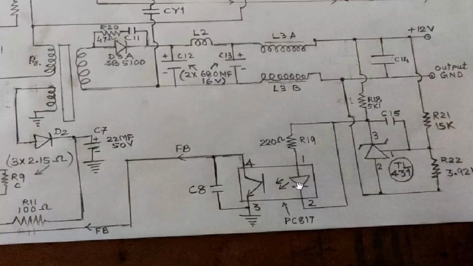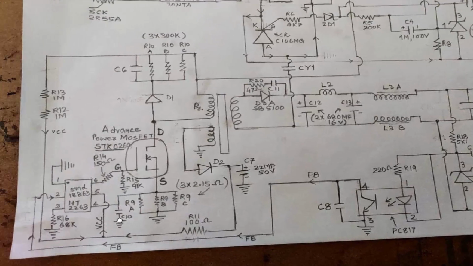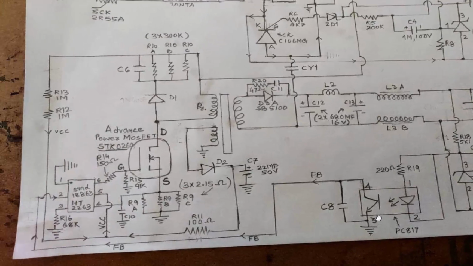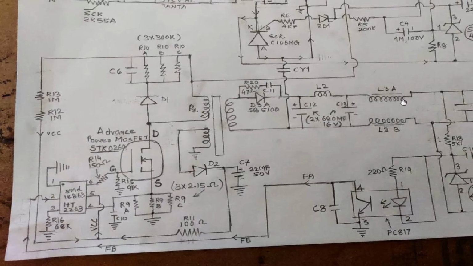So this optocoupler will conduct at a specific voltage level. When it switches, it will conduct between pin 3 and 4, because when it receives the activation light at the activation window, its internal resistance will decrease, so the ground at pin number 3 will connect to pin number 2, and this level will keep changing due to the ripples in the output of this circuit.